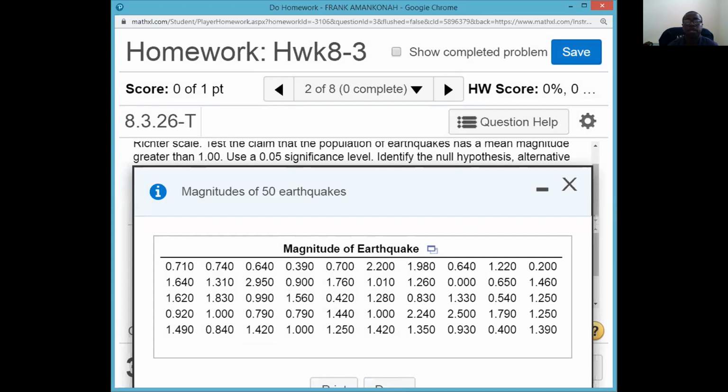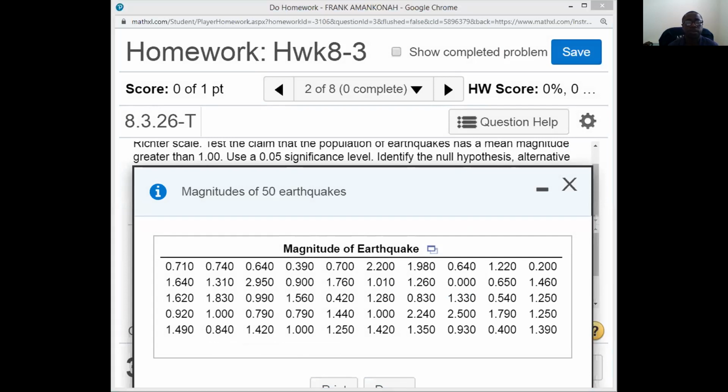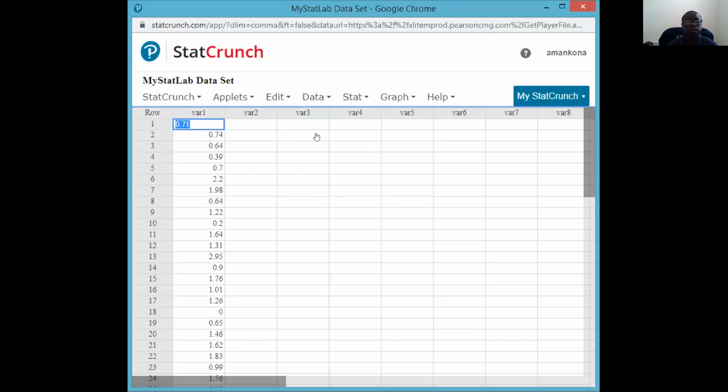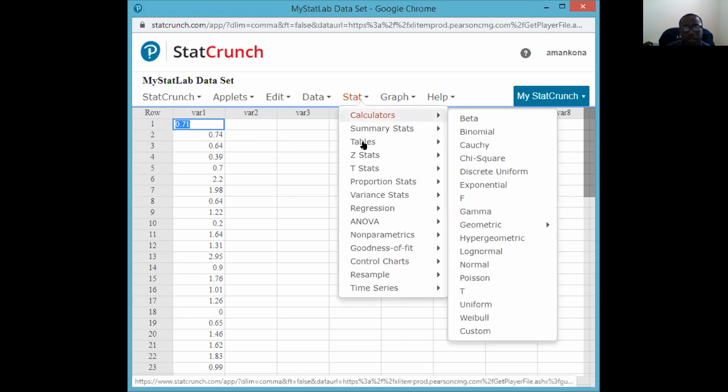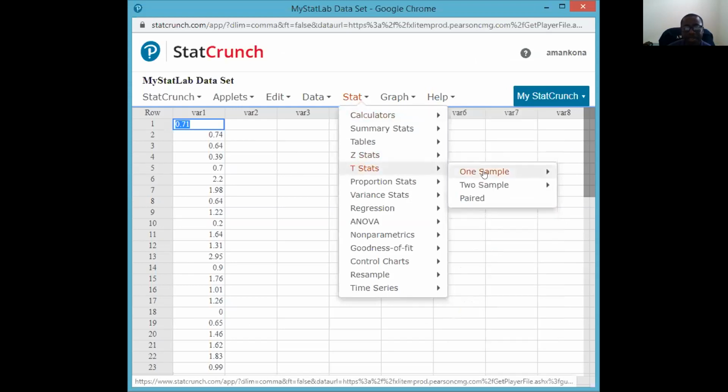Okay, let's share that with you, which is right here. So we're going to go to Stat. Now you don't go to calculators, you go to T statistics, and this is one sample, with data.